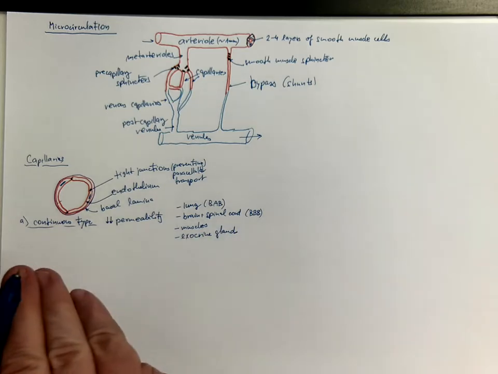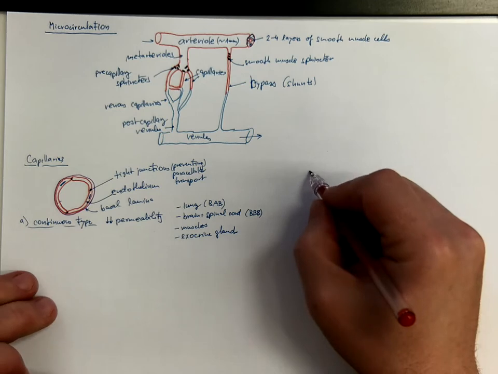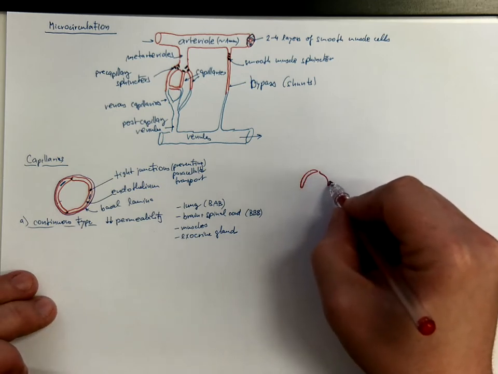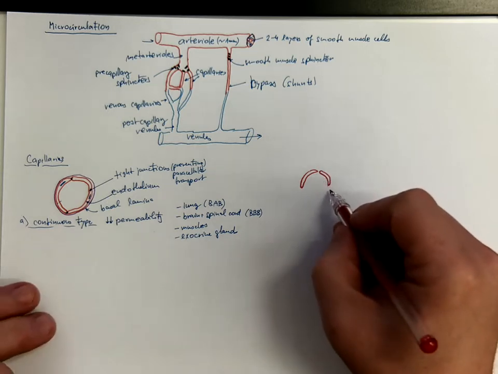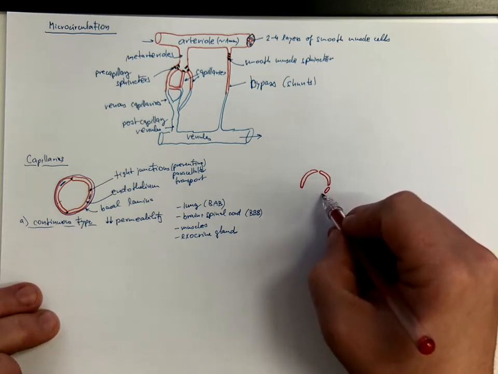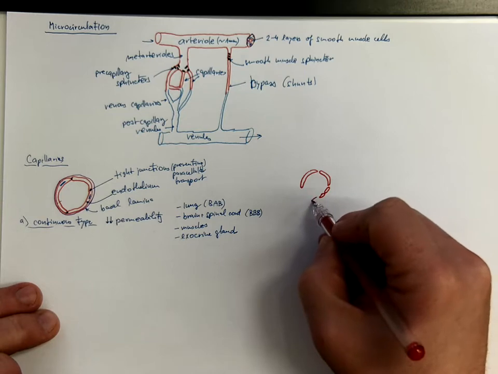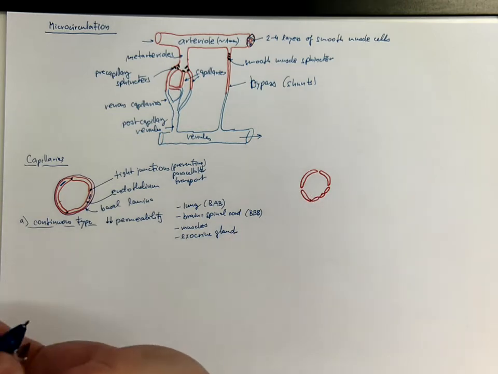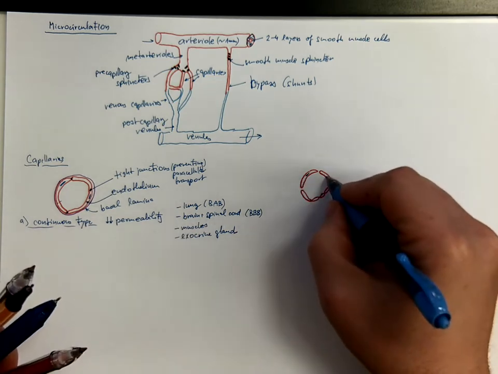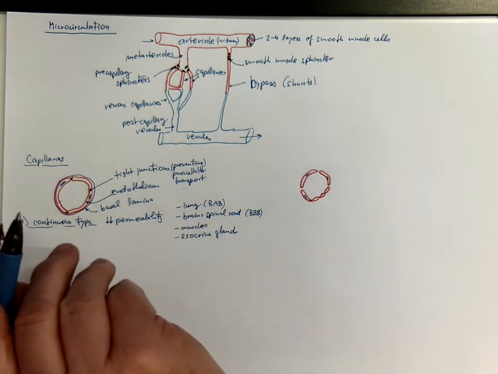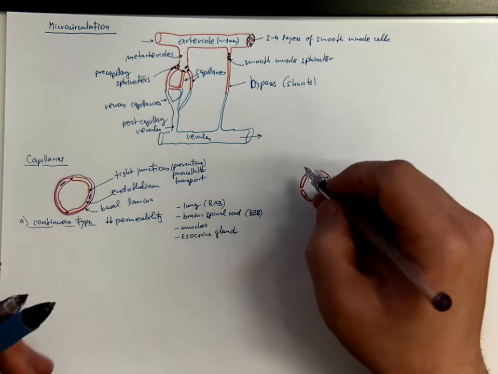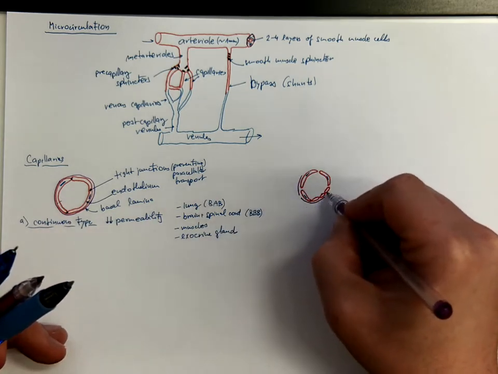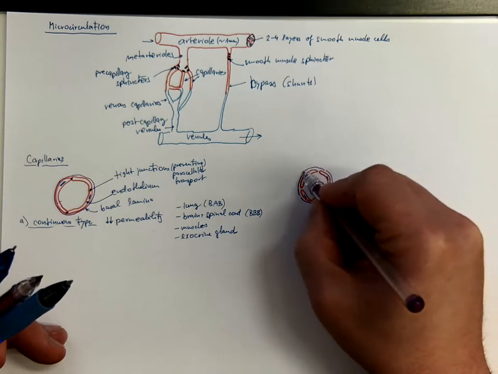The second type has microscopic gaps between the endothelial cells, and also the cytoplasm is interrupted by microscopic canals that permit small molecules to pass through more easily. The basal lamina has small openings as well.